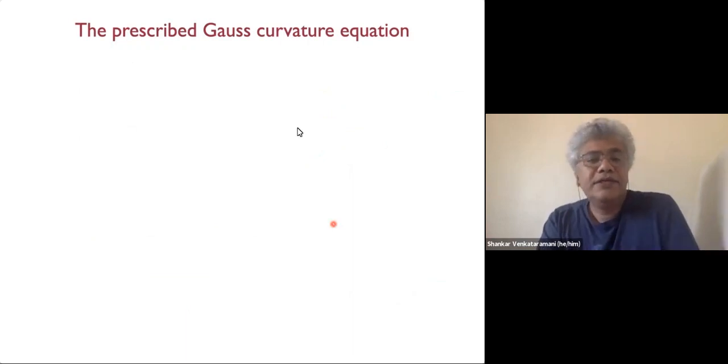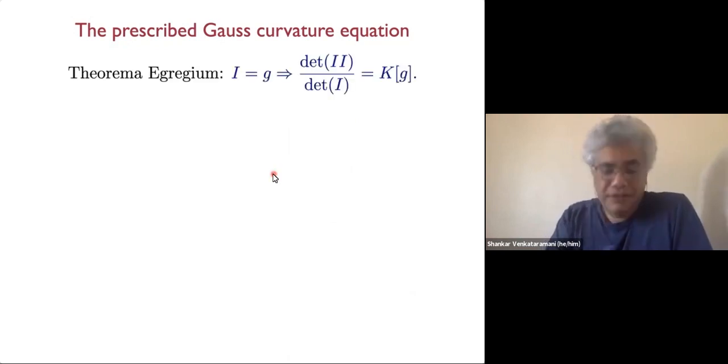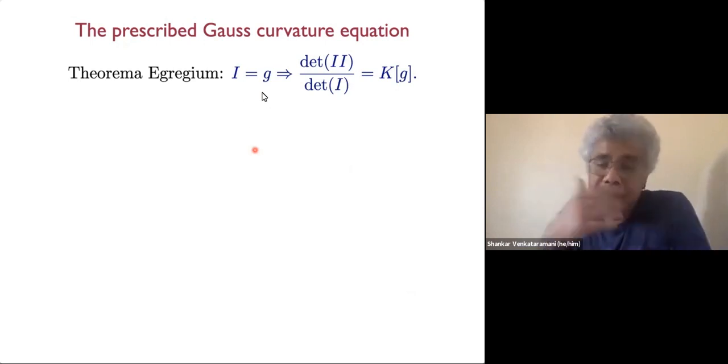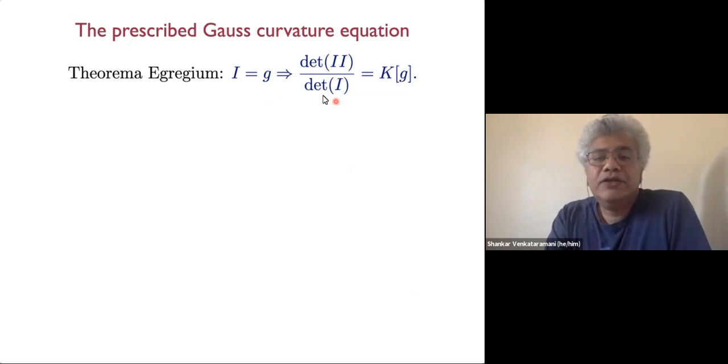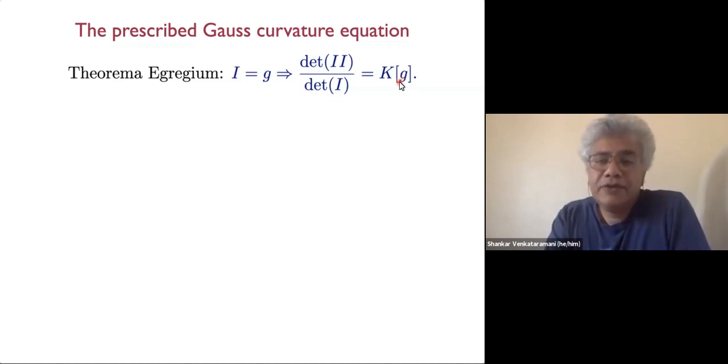Okay. So that's my notation. And here is the fundamental result: if the induced first fundamental form is your metric G that you want, so if there's no stretching, then the ratio of the determinant of the second to the first fundamental forms is determined entirely by the metric.